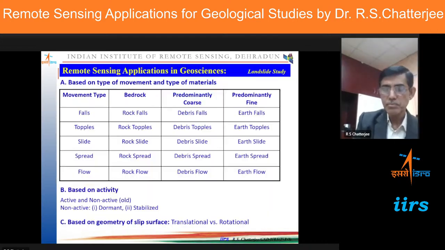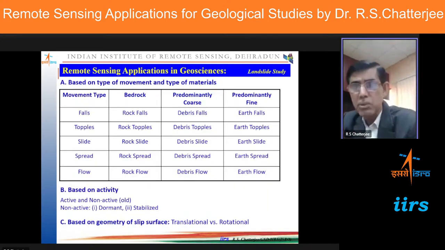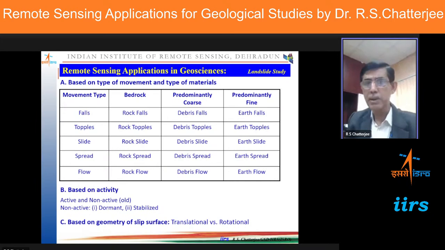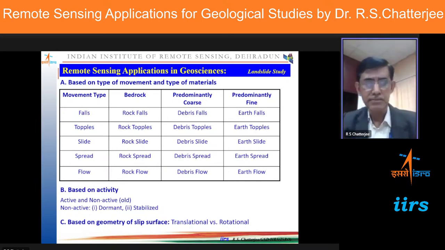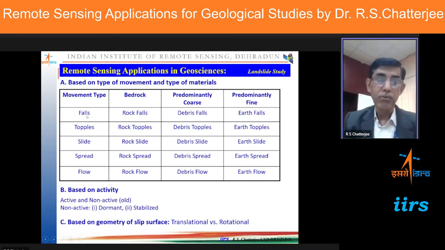Now coming to some of the geological hazards as a sample, like landslide. There are different types of landslide, and particularly we are very close to the Himalaya. So many landslides happen in the Himalayan region, like falls, topples, slides, spreads and flows in terms of the type of movement.